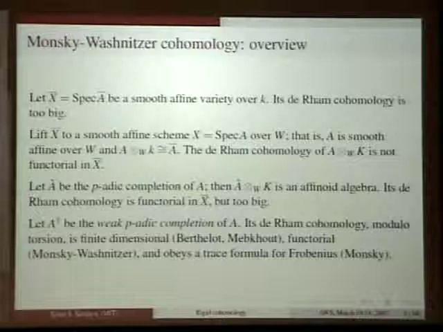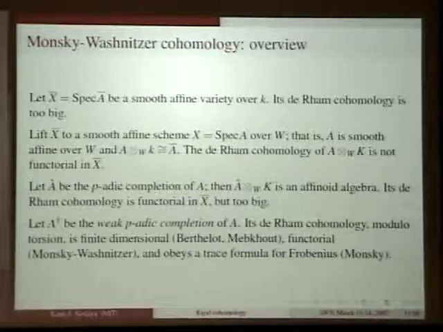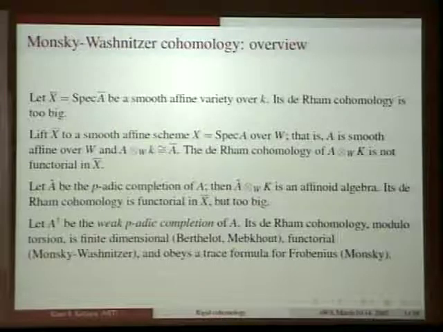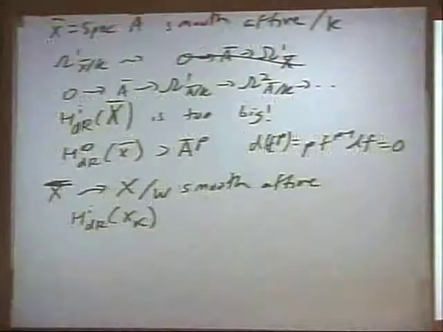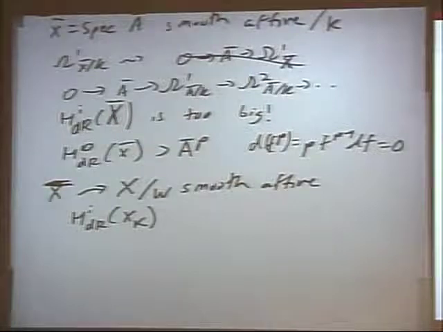You could lift it to something which has a different genus and more punctures, and you could actually change the answer. So in fact, already the dimension of this thing is not an invariant of x bar. So that's not such a useful thing to do. So I won't do that. I'll try to do something that's a little more functorial.